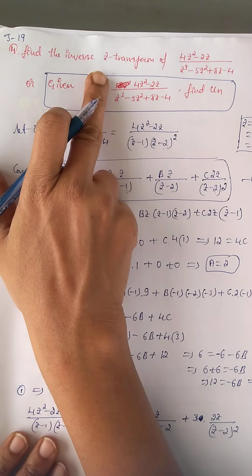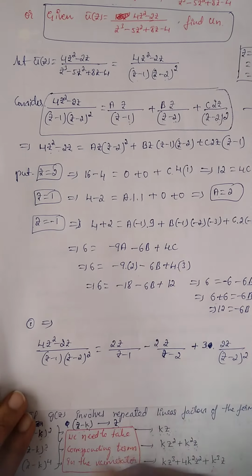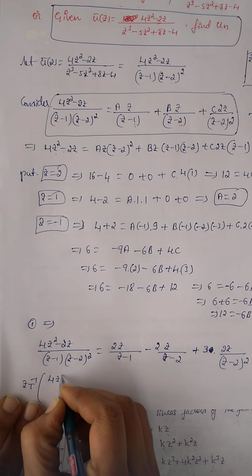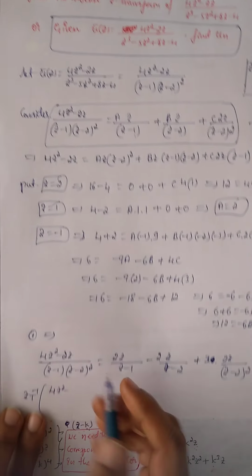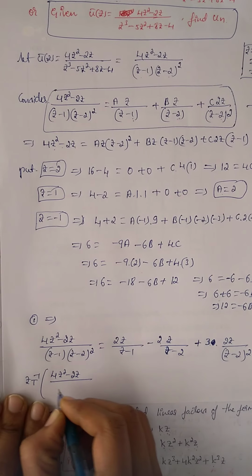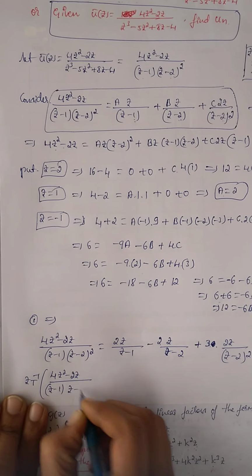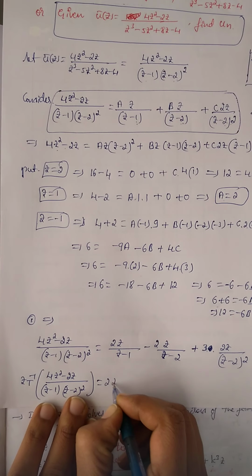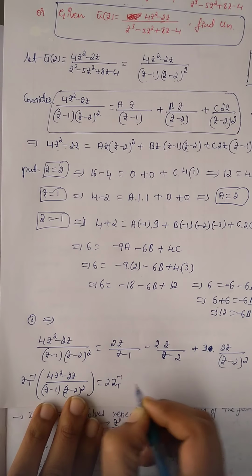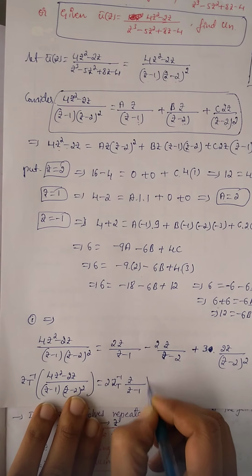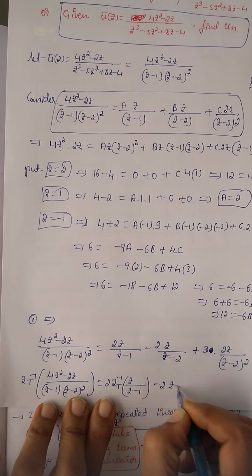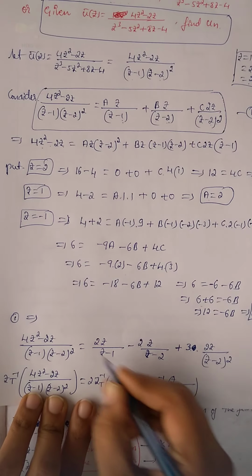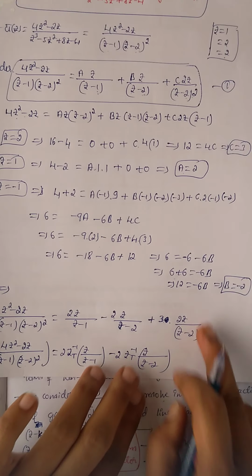Here they are asking to find out inverse z transform of un. Okay, just apply inverse transform on both sides. We get inverse of the given function 4z square minus 2z by z minus 1 z minus 2 whole square is equal to, so this 2 is constant, inverse z transform of z by z minus 1, minus 2 is constant, inverse z transform of z by z minus 2, this is the second term and first term, and third term apply inverse z transform.